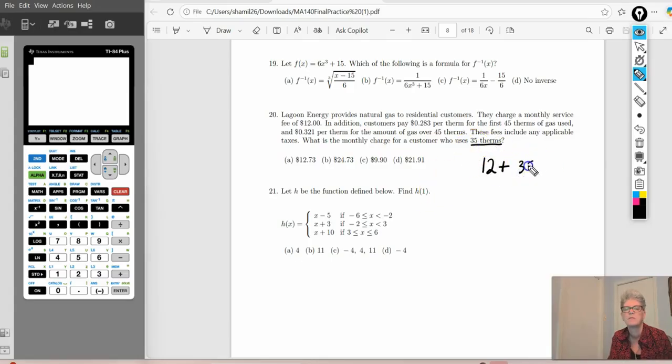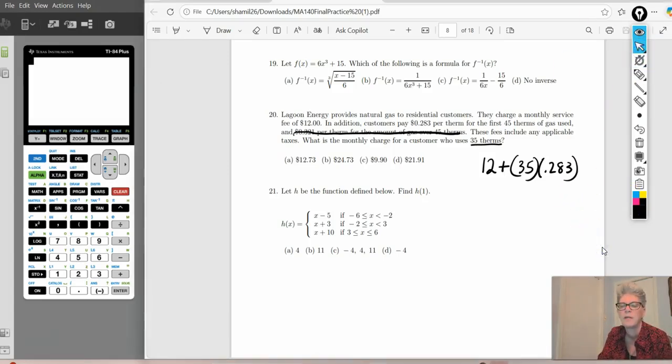Okay, so for each of those 35 therms, since it's under 45, we're going to have that. And we did not go over 45, so that is information we don't need in that one. Okay, so if the question had been what's the monthly charge for a customer who uses 65 therms, then you would have had to use that extra information. But we don't have that.